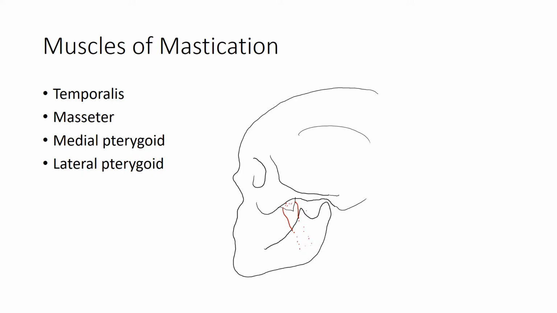And it's pretty much heading up and down. I should probably have drawn it more like this, because this truly is an additional closing muscle. So whereas the masseter is on the superficial side, the medial pterygoid is on the lingual or deep side of the mandible.